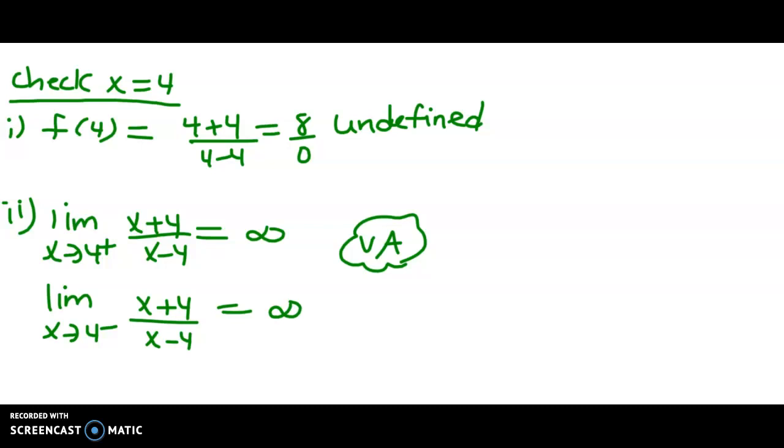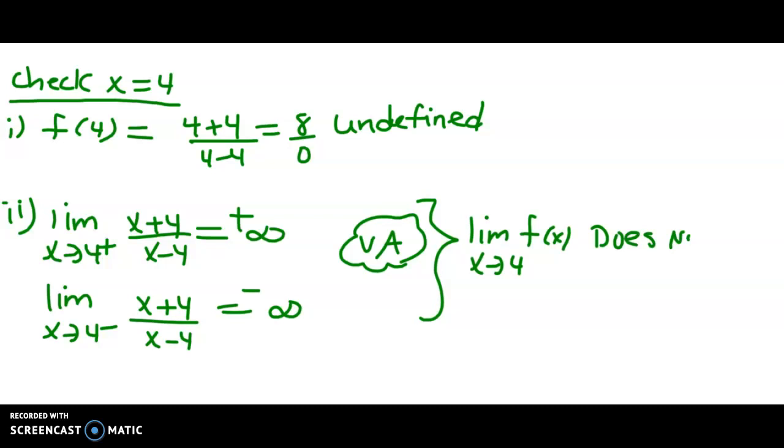So you use your test point, like 4.1, and when you plug it in, you get a positive. If you plug in 3.9 for the left, you will get a negative. So this statement here is proving that the limit as x approaches 4 of my function does not exist.